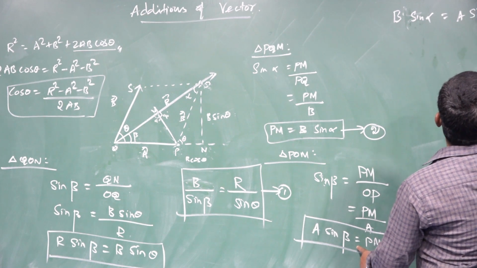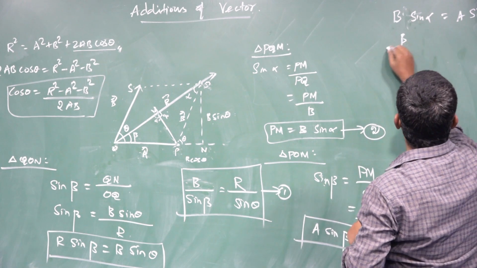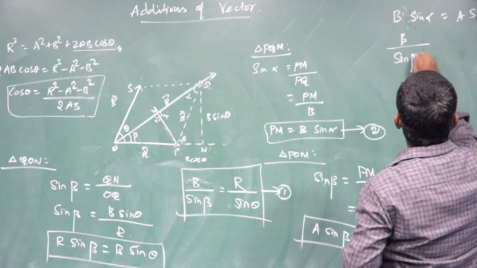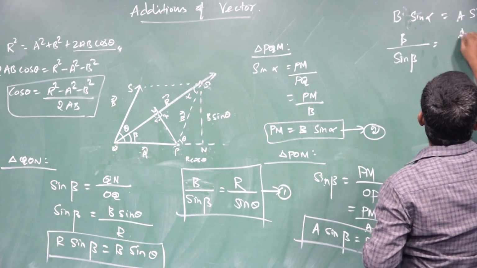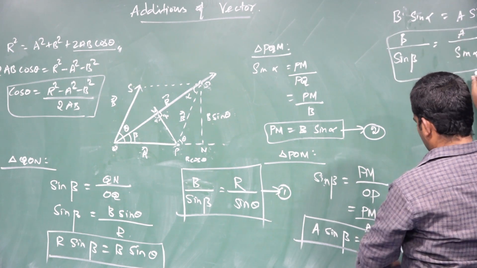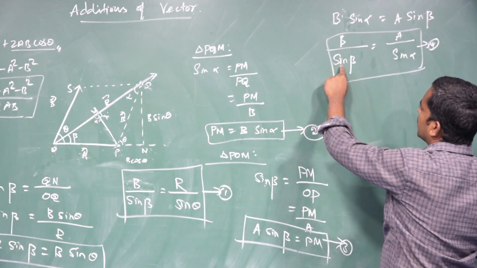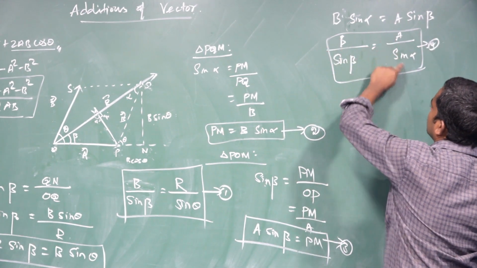So B divided by sin beta is equal to A divided by sin alpha. This is equation number 4.